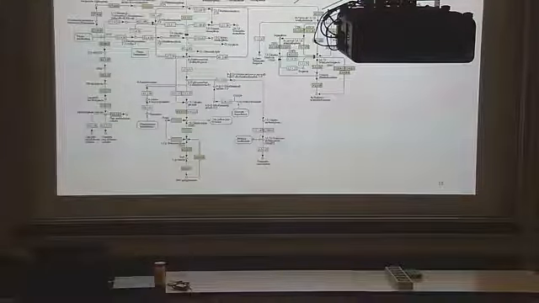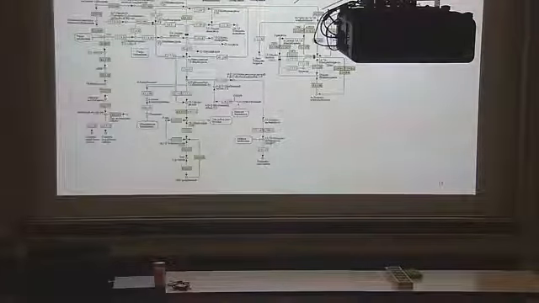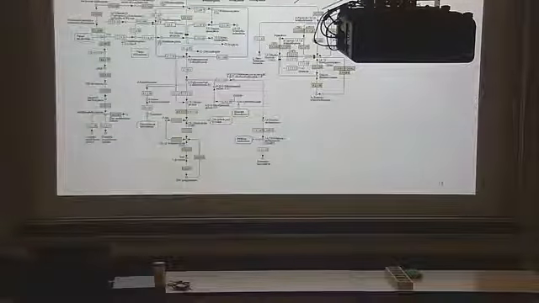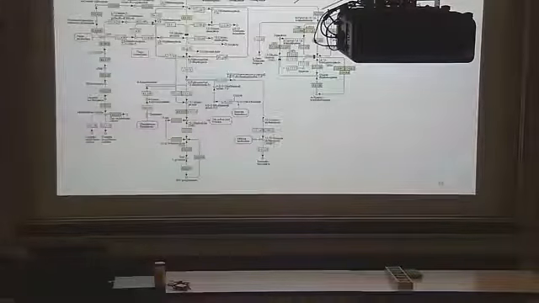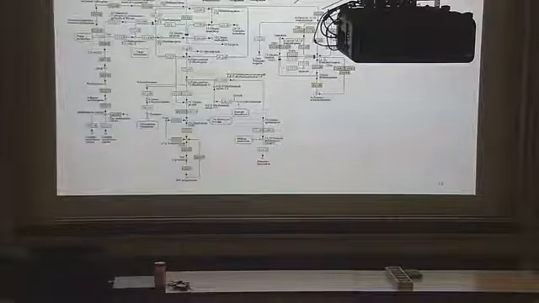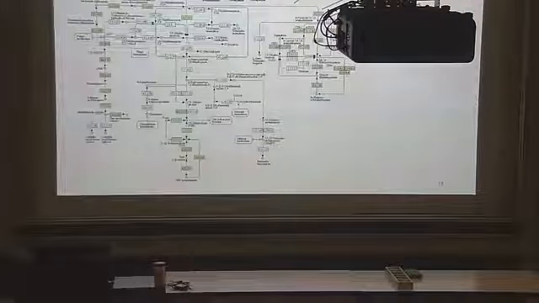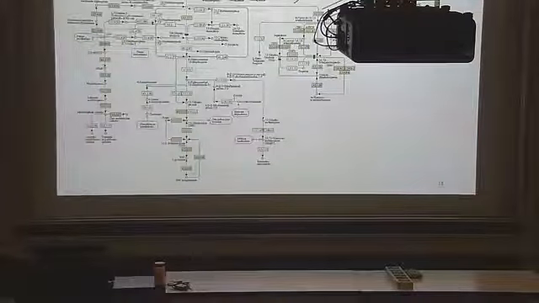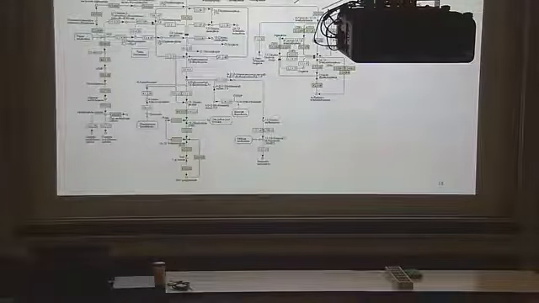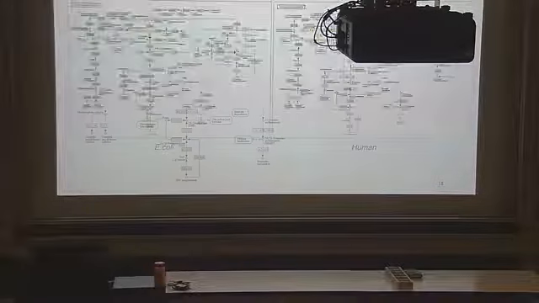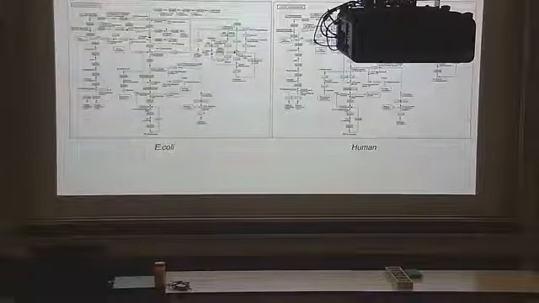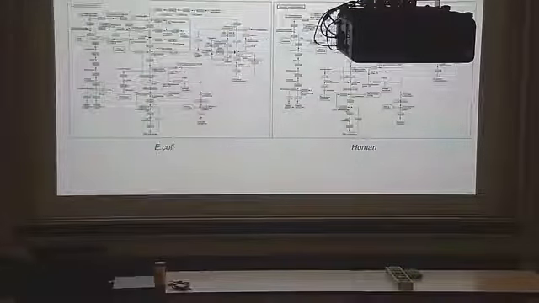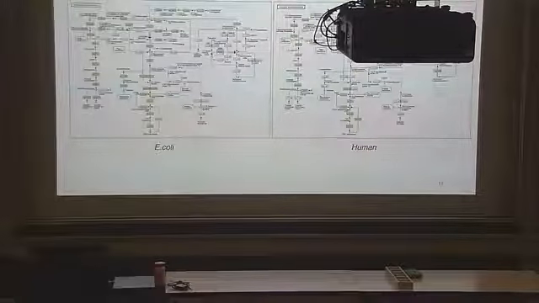There is a tab up there where you can choose the organism, and then see if you can change the pathway from E. coli to human or the other way around. When you do that, you should ideally get this picture.